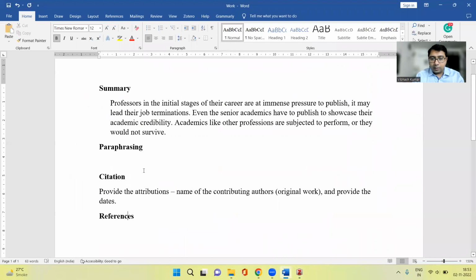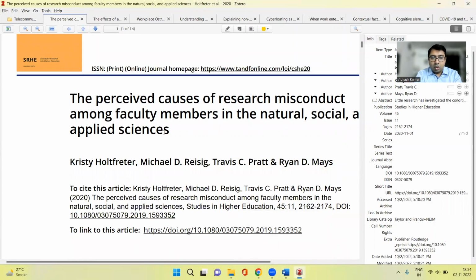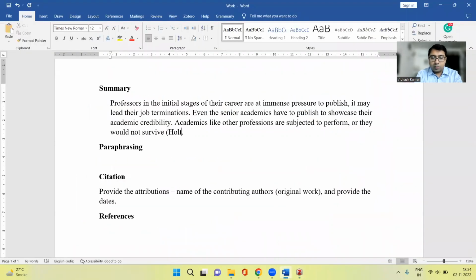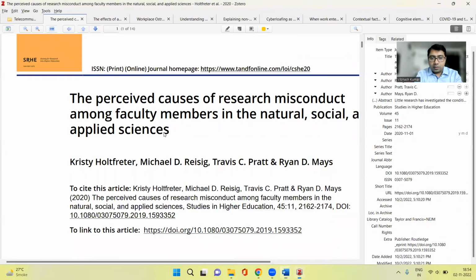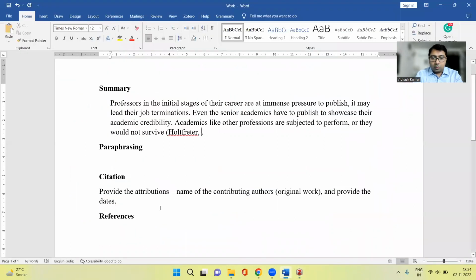But before that, I would just write here, Holtfretter, and the year of publication is 2020. So Holtfretter et al., 2020. This is APA style of citation.